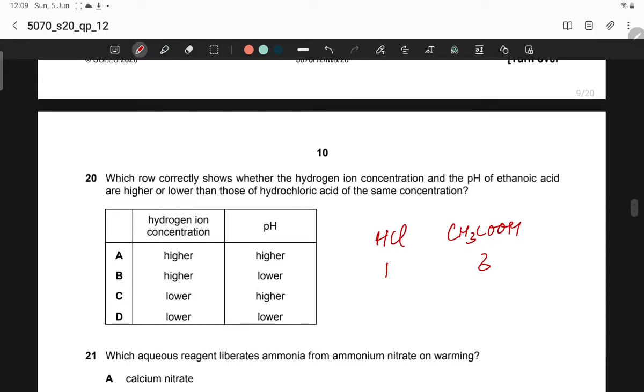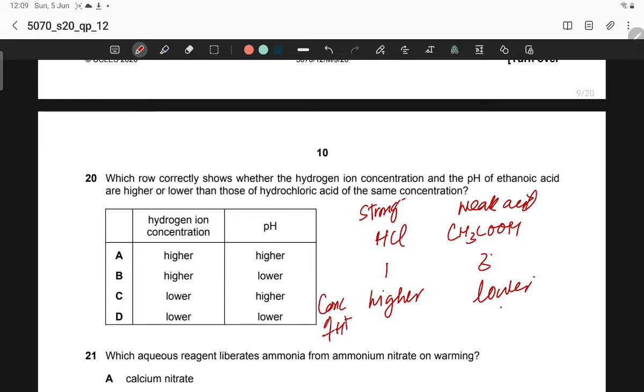So the pH is higher, and because it is a weak acid while HCl is a strong acid, the concentration of hydrogen ions is lower.